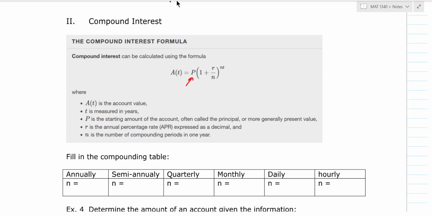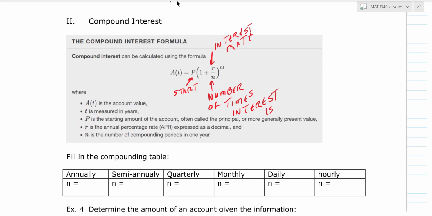P is what we call the principal. That's how much money you start with that you put in an account. R is the interest rate. N is the number of times that interest is figured in 1 year.